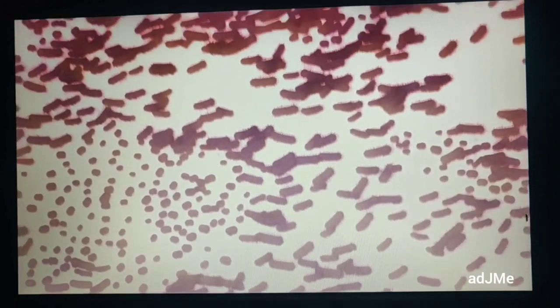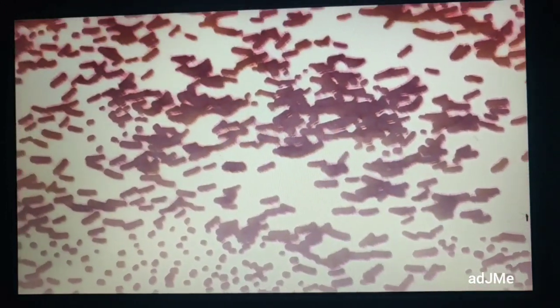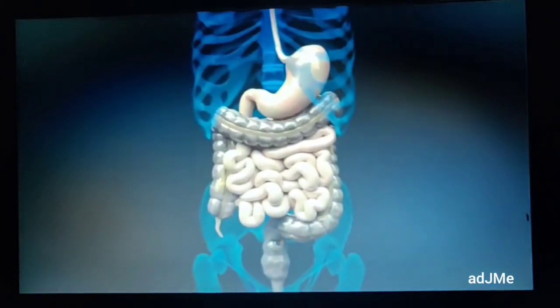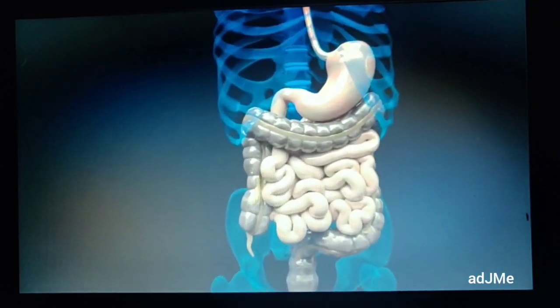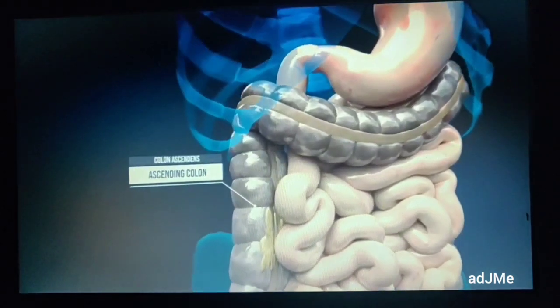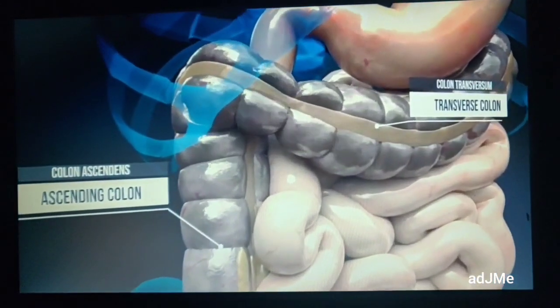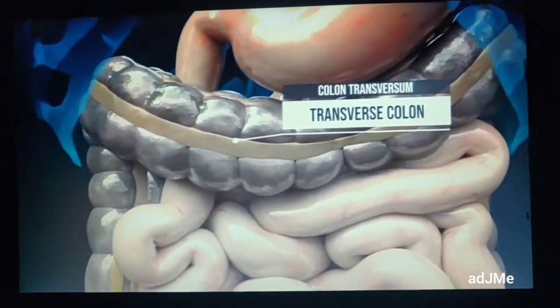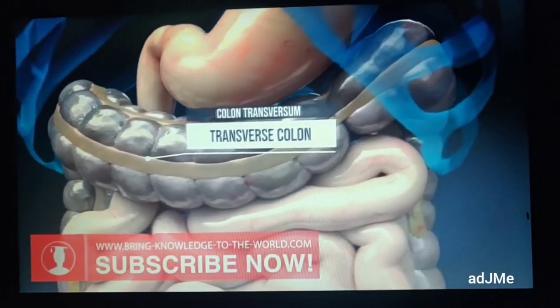This large intestine is also called as colon, C-O-L-O-N, colon, which can be divided into three names: ascending colon, transverse colon, and descending colon. So left side you have ascending colon, and above horizontally you have transverse colon, and on the other side, that is on the right hand side, you come across descending colon, ascending, descending.